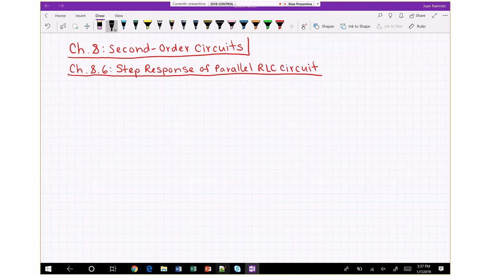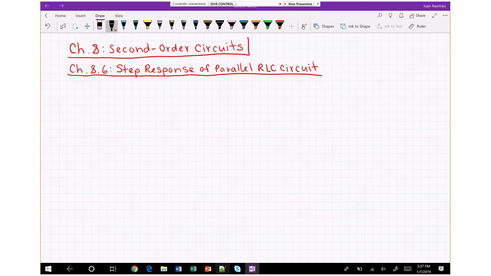And you could also recall that from Thevenin and Norton equivalent circuits. Thevenin looks at a series impedance and a source, and Norton looks at a parallel impedance and a current source. So parallel we usually apply to current sources and series to voltage sources.